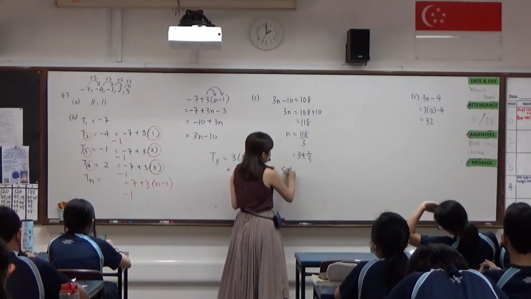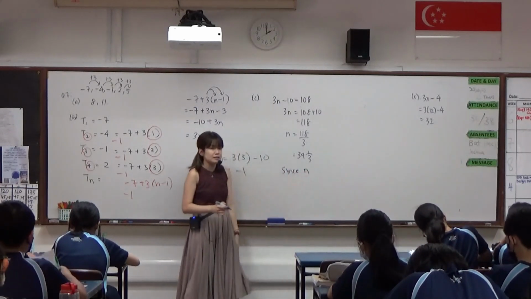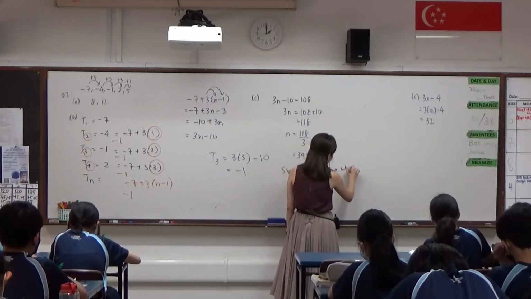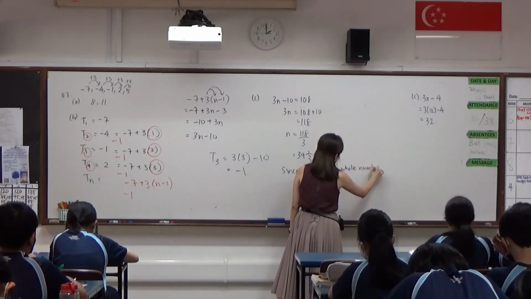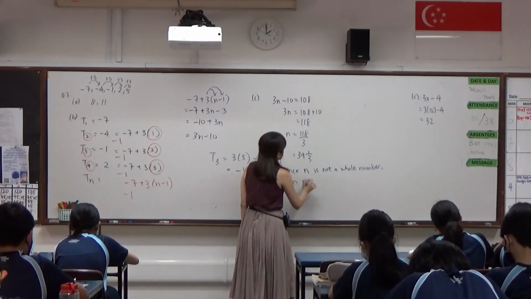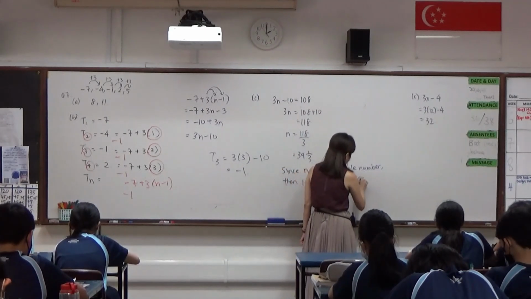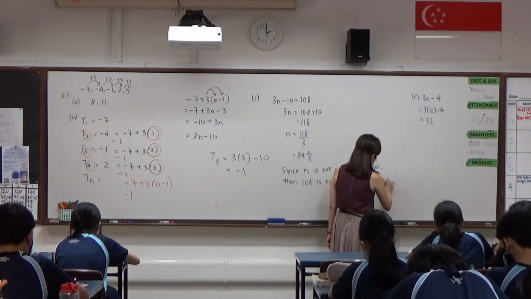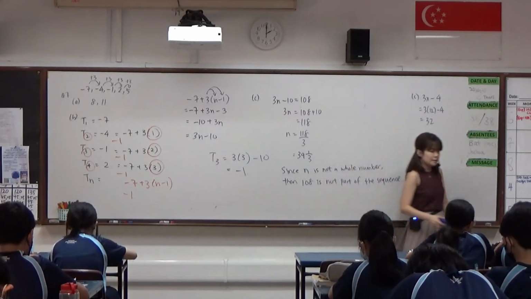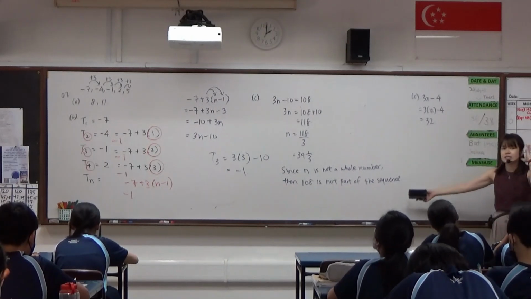You say that since n, which is supposed to represent the term number, is not a whole number, 108 is not part of the sequence. Okay, so that will be how you explain it.